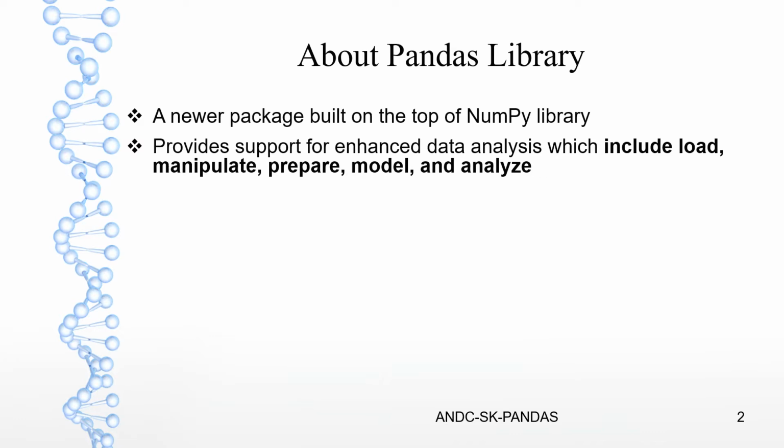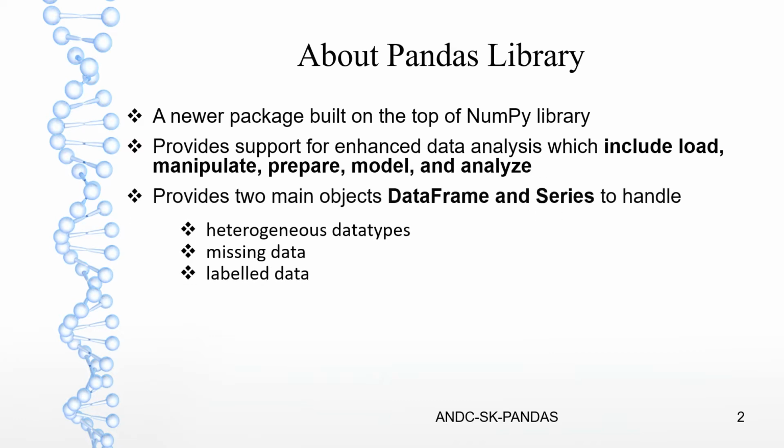In addition to handling homogeneous numerical data, the Pandas library provides facility for handling data structures which can handle heterogeneous data types. Heterogeneous data type means the data can be numeric, string, character, that is, a mixing of data can be there. So the two main objects available in the Pandas library are data frames and series.